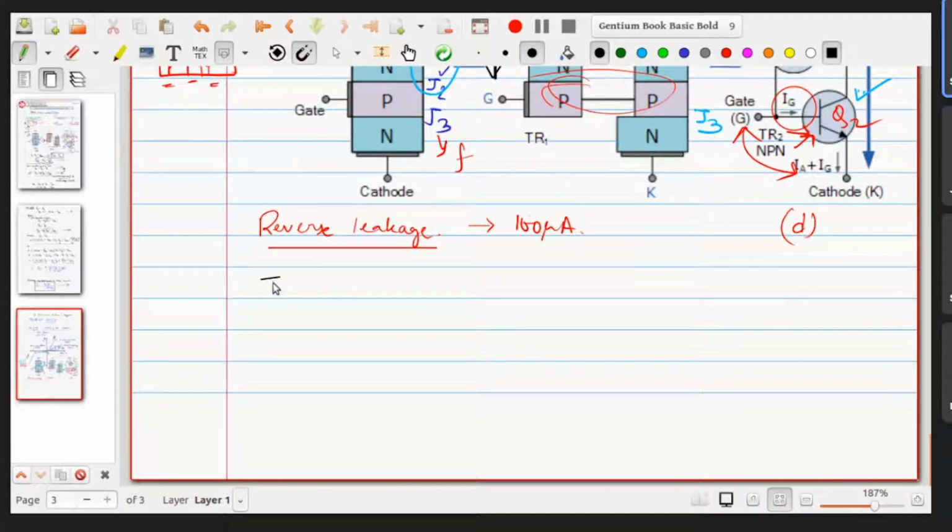First and foremost, we have to consider that we have a two transistor model. One is our PNP transistor and the other is the NPN transistor. And the two are working on two different principles, that under which condition which one is going to be triggered.